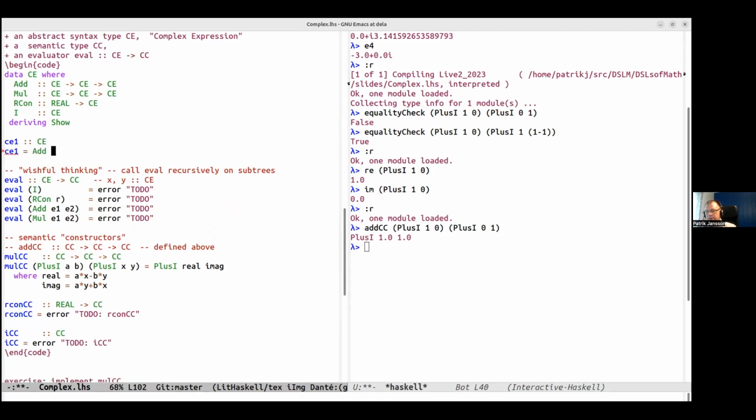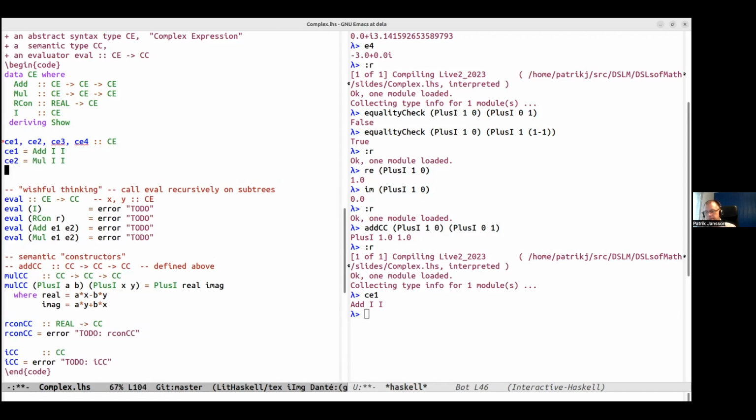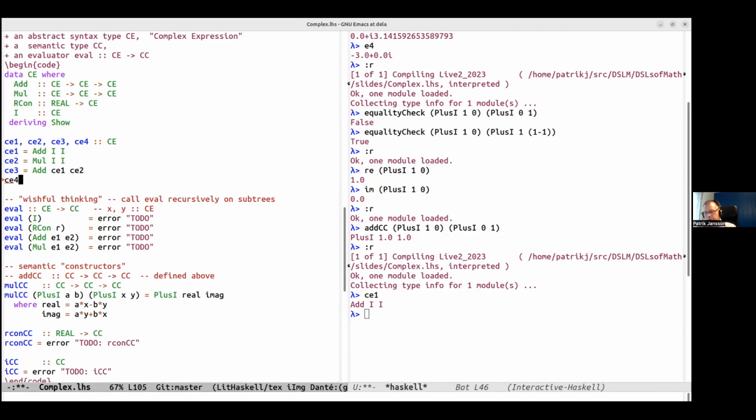It can be add I. So CE1 here is add I. That's just a syntax tree. It doesn't really have any meaning so far. And we can take more examples here, CE3, CE4, all being of type CE. So CE2 could be mul I I. CE3 could be add CE1 and CE2, and CE4, well, what should we take?